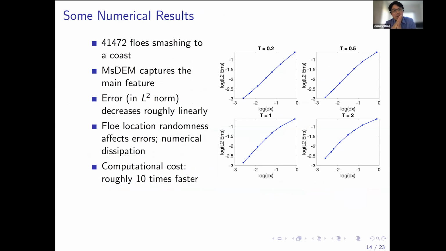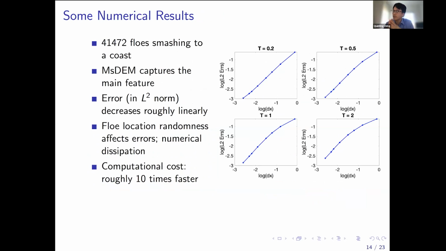We did some simulations with about 41,000 flows. This is a scenario like flows smashing, colliding into some coast. And then we look into the L2 error quantification.